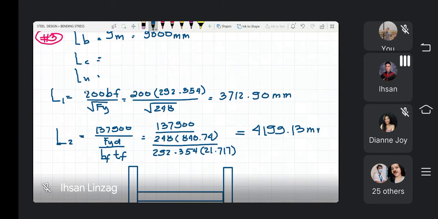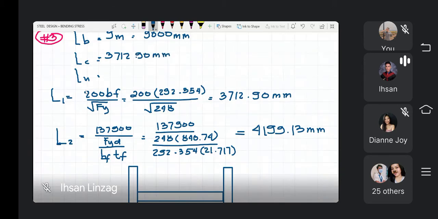Okay. So, ang sabi ko nga, whichever value give the smaller, that is the LC. So, ang smaller value dyan is the 3,712.90.